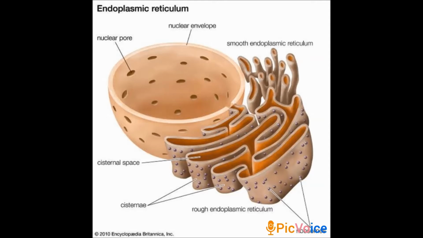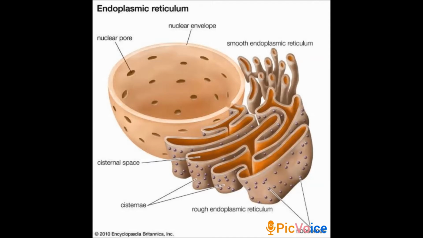The small purple dots on the foldings are ribosomes. Ribosomes are used for protein synthesis, and when they are embedded like this, it is called rough endoplasmic reticulum.